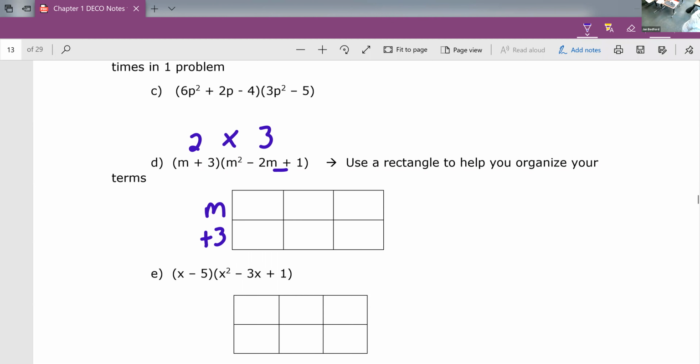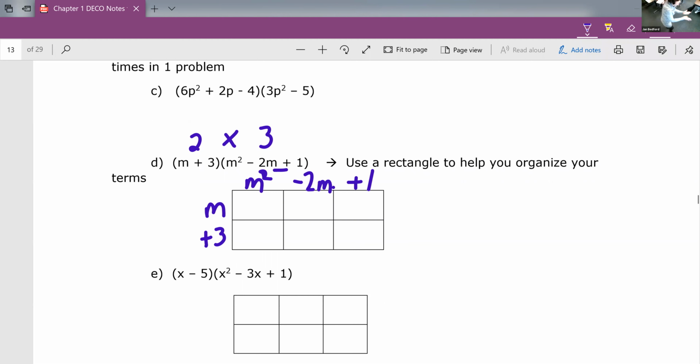I'm going to put the plus 3 next to the bottom row. Now, my 3 terms will go across each column. So my first column is m squared. My second column is minus 2m. And my third column is plus 1. Have y'all seen this before? Okay. It just keeps you organized.